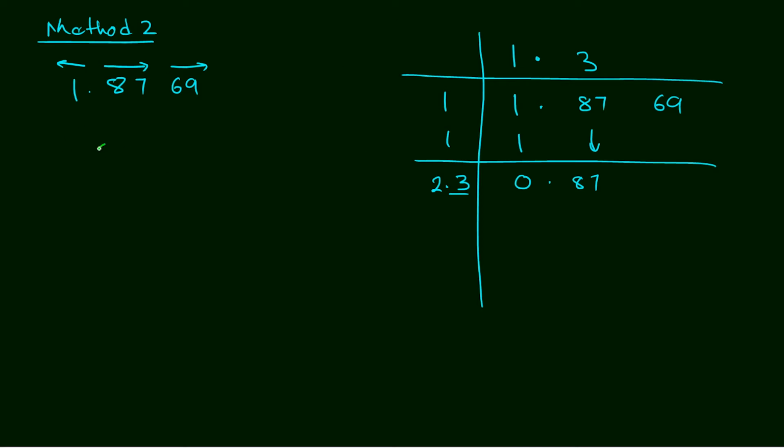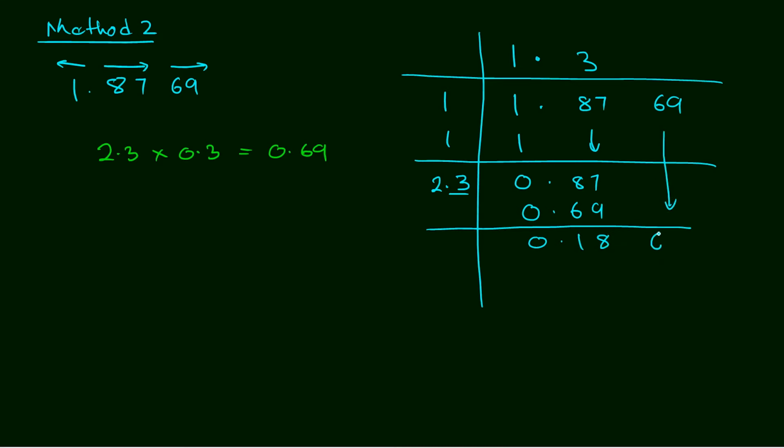That's because 2.3 times 0.3 is equal to 0.69. So let's write the result there, 0.69. And the remainder is going to be 0.18. And bring down 69 here. So that becomes 0.1869. And plus 0.3, that becomes 2.6 something. And this digit is going to be 7.